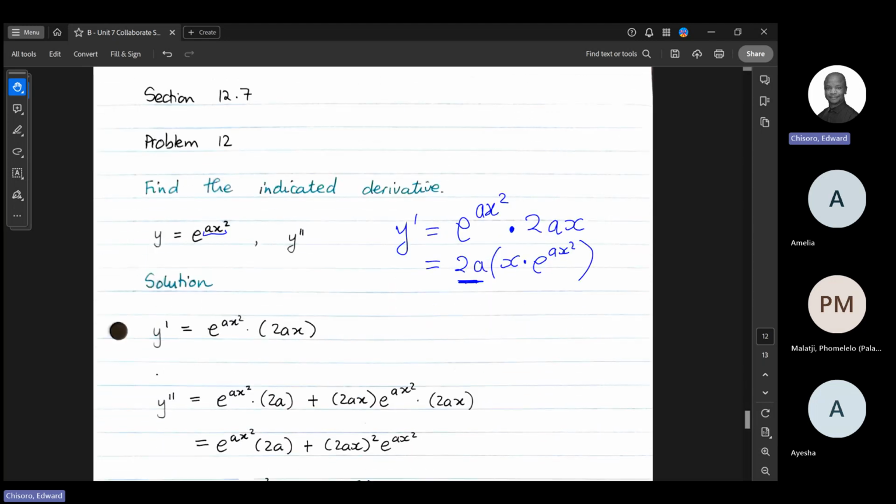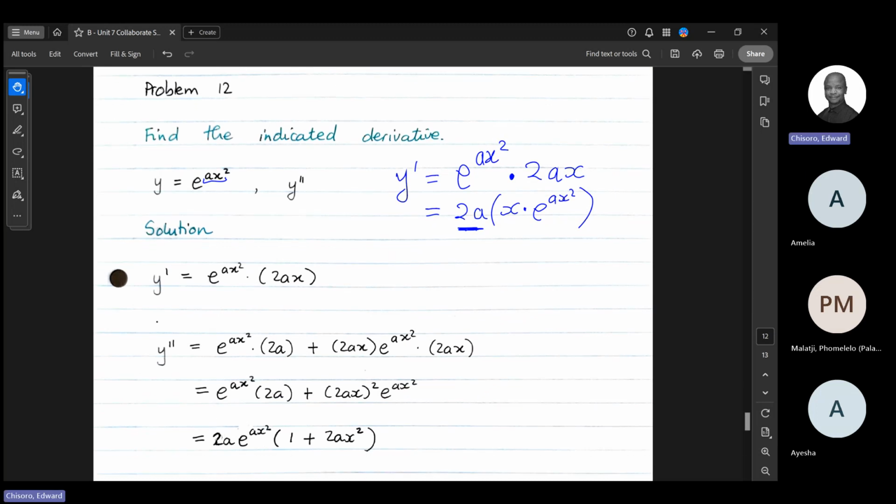So y double prime would then be this. Here I didn't factor out the 2a, so it's fine. So let me do y double prime separately with the question in this format. 2a is a constant times, the product rule says I keep one constant and I differentiate the other one, and I already know what answer I get if I differentiate e to the ax squared.